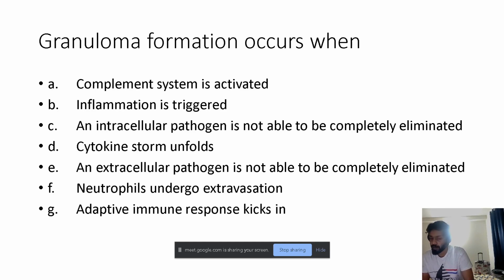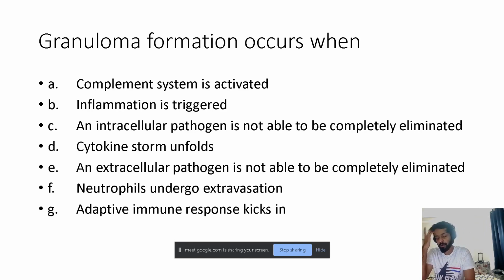It will then display a distress signal, which other immune cells can read, and they form a wall around this infected macrophage, isolating it from the body. So that's how a granuloma forms.